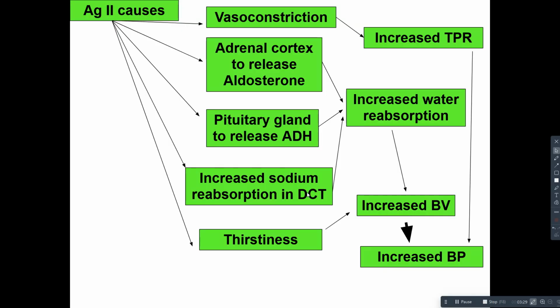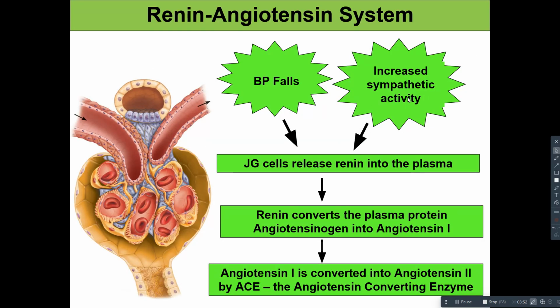Plus, angiotensin 2 also increases your sodium reabsorption in your distal convoluted tubule, and that is going to increase your water reabsorption as well, which increases your blood volume, which increases your blood pressure. So bottom line, the renin-angiotensin system raises your blood pressure, either in a time of need because it's fight or flight, or because blood pressure went down and we need to bring it back up again.